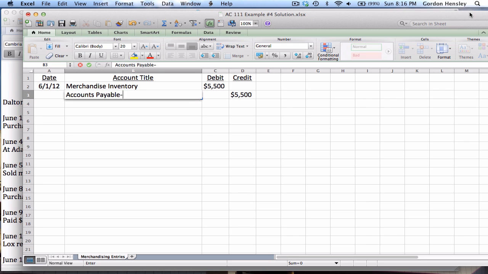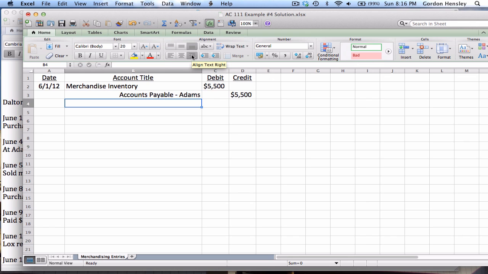And in addition to accounts payable, what I'm also going to do, which is a little different, is put the name of the company, Adams Company. That's the name of the company that we bought this from. The reason that I'm doing that is because whenever I do merchandising entries, we're going to end up with quite a few payables and receivables.